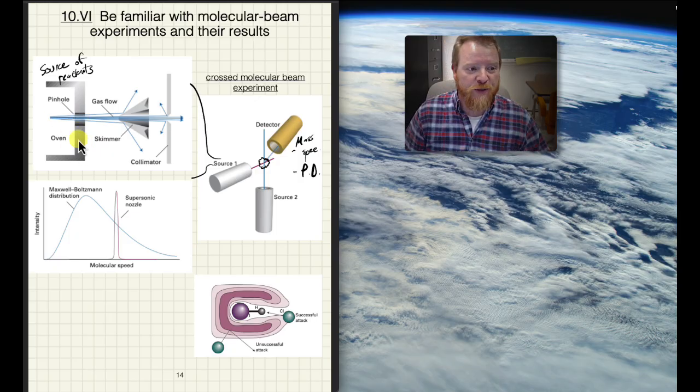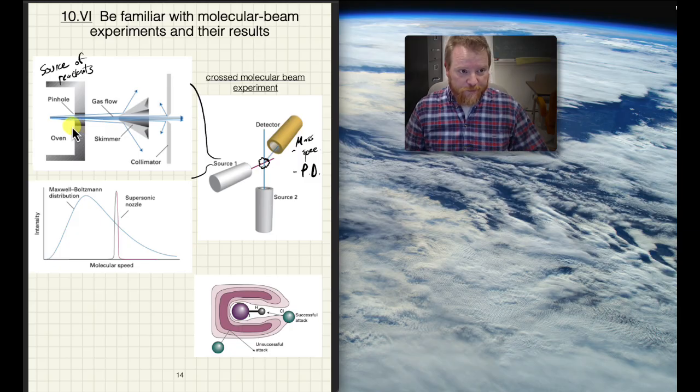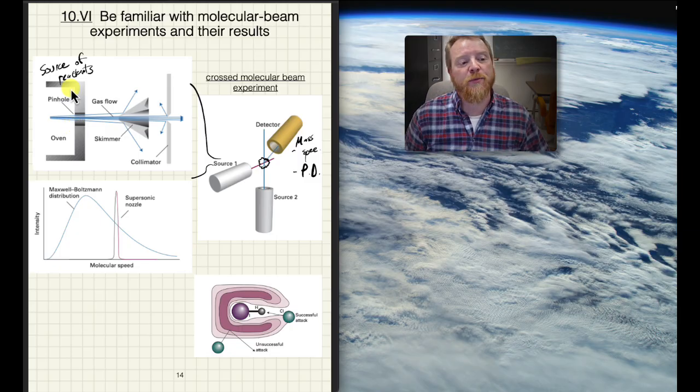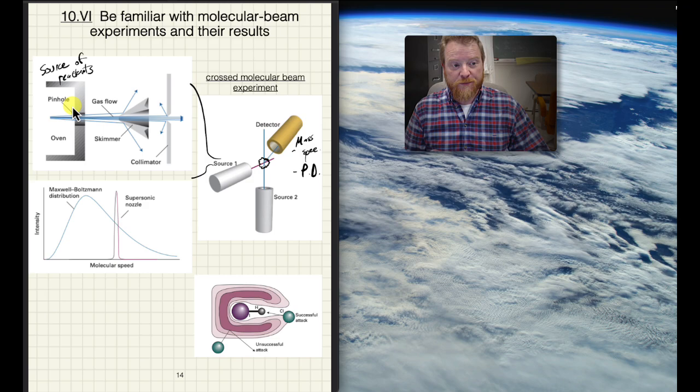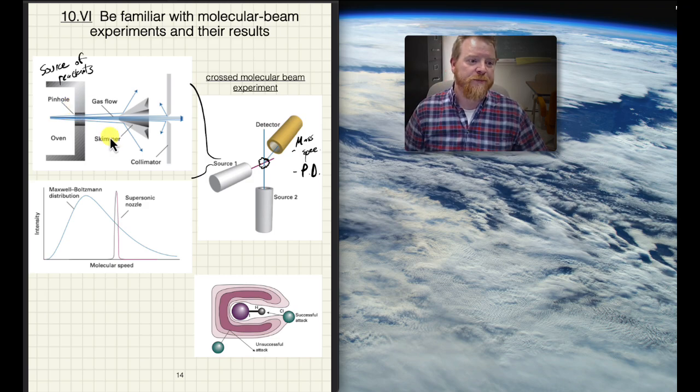If it's a primary source, that means our molecules are emitted directly. If it's a secondary source, that means we've got some precursor in there where some reaction takes place to spit out the reactants we're interested in.